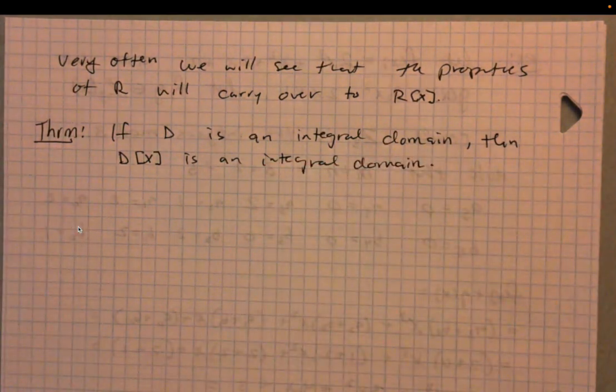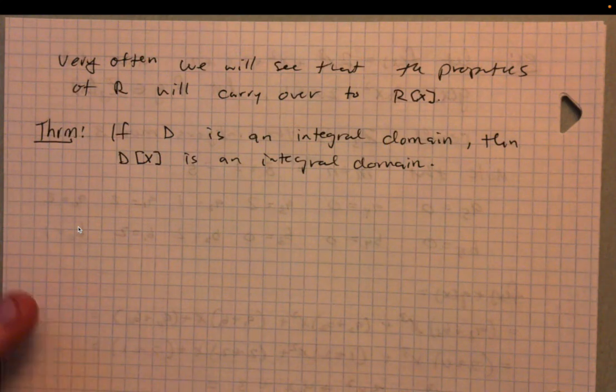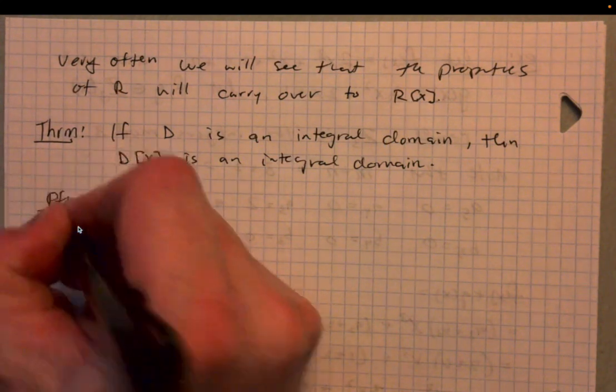Okay, so D being that collection of numbers that we're going to use as the coefficients on our polynomials, if that collection of numbers happens to be an integral domain, meaning a commutative ring with unity and no zero divisors, then the ring of polynomials will be the same. It'll have the same properties. So let's prove this.